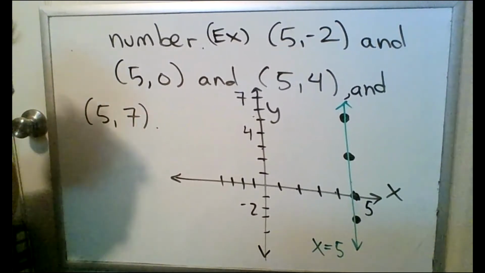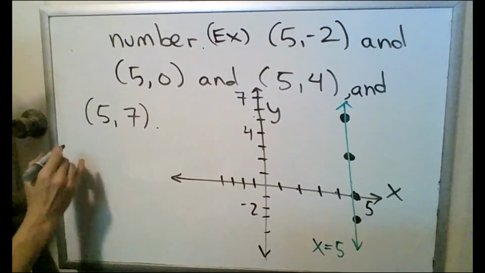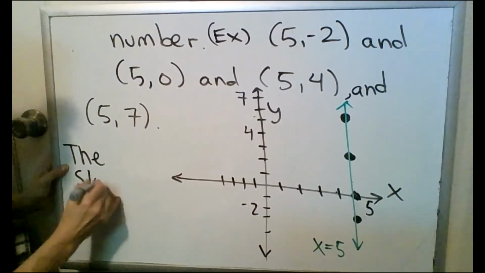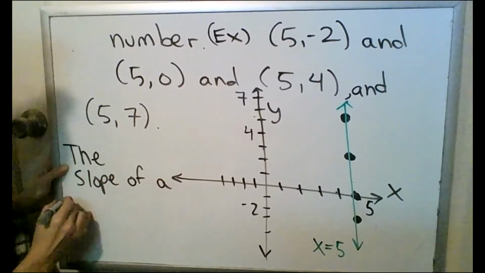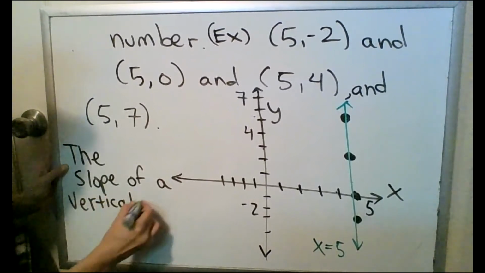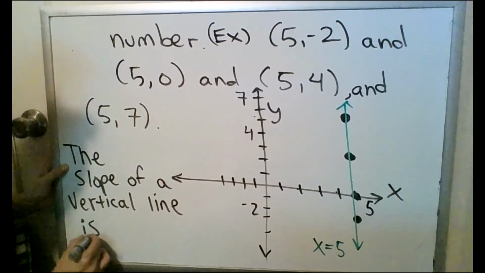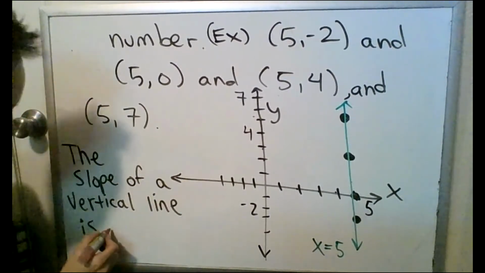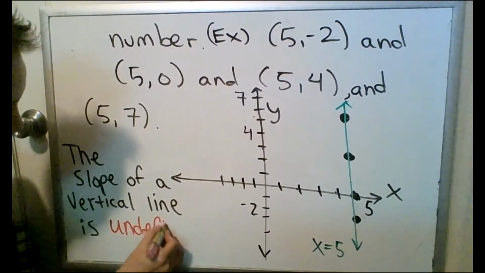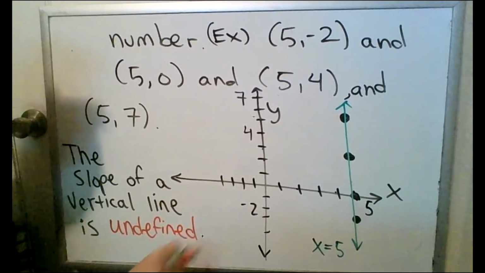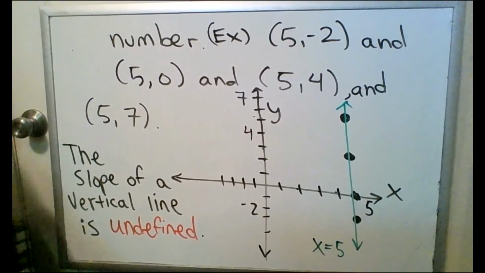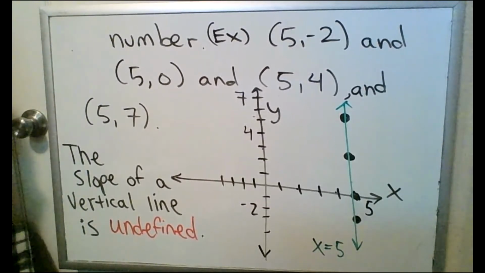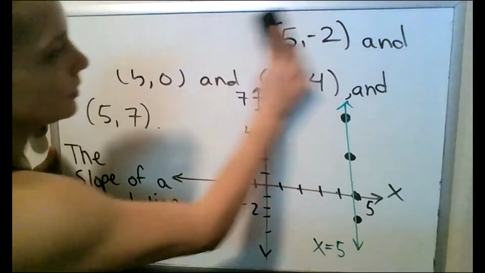The slope of a vertical line is undefined.